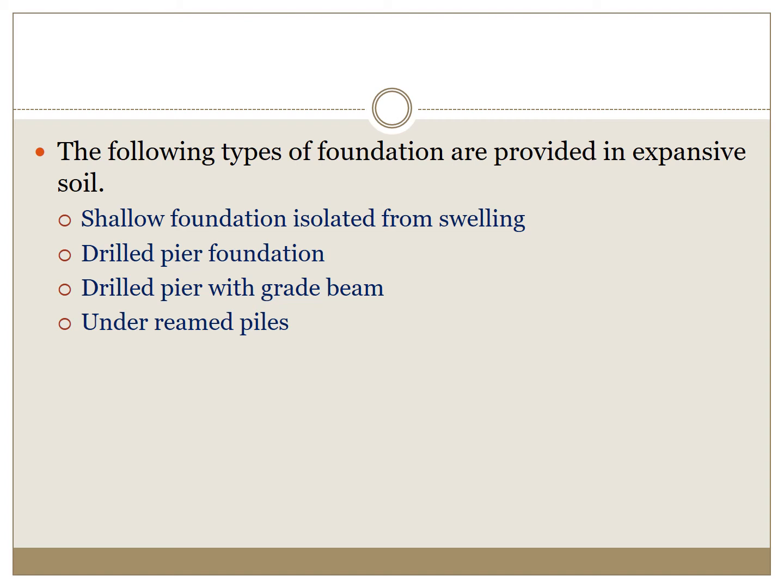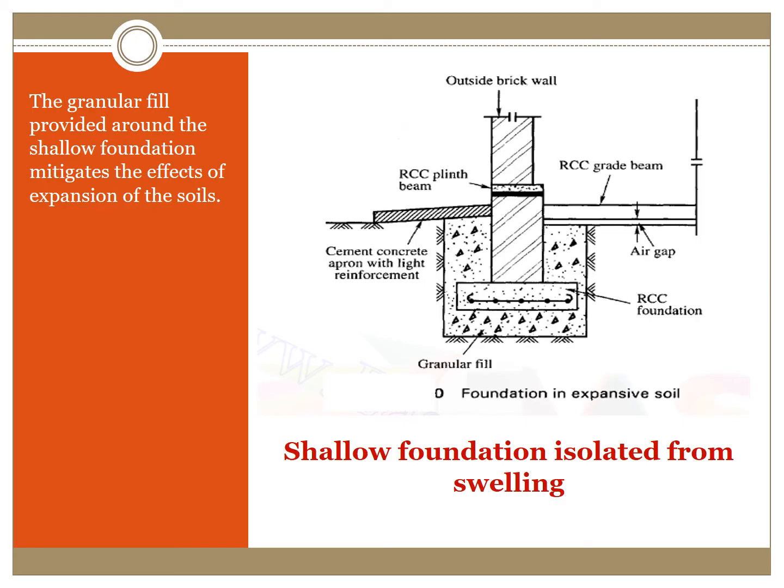The following types of foundation are provided in expansive soil: shallow foundation isolated from soil swelling, drilled pier foundation, drilled pier with grade beam, and under reamed piles. So the first method is replacement of the expansive soil, or shallow foundation isolated from swelling.